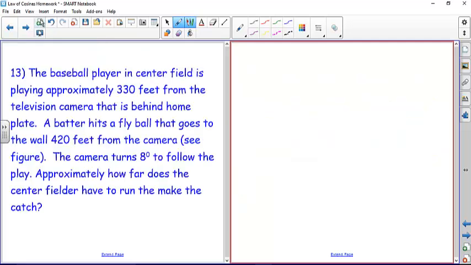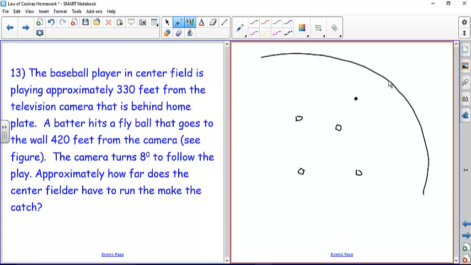Okay, so I'm going to draw the picture for you. You've got home plate here, and then you got the 3 bases like that. Out here you got a fence. This guy's in center field here.